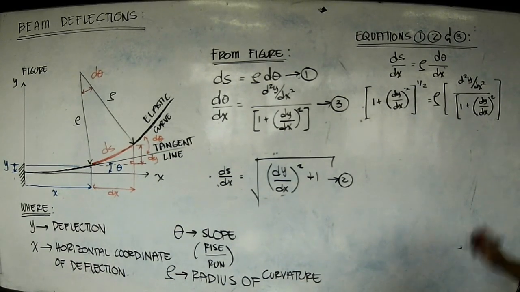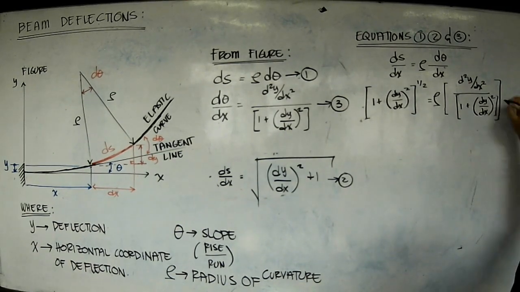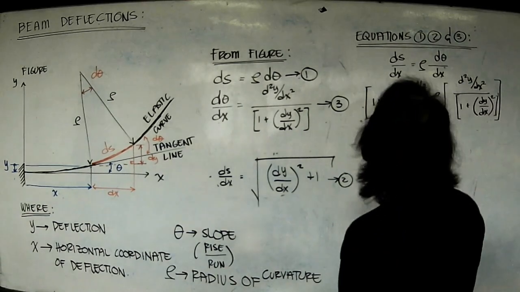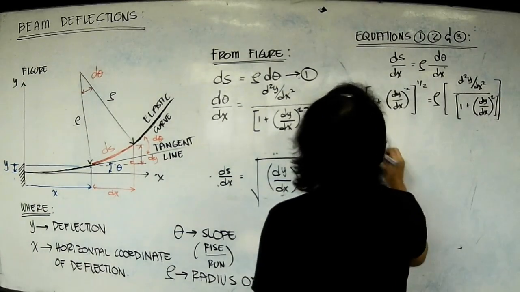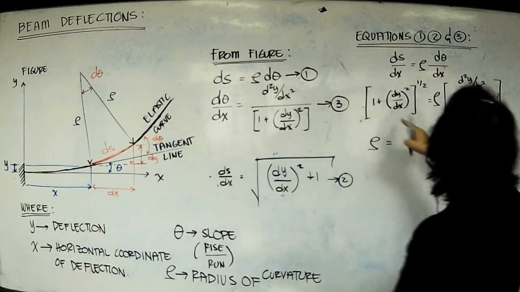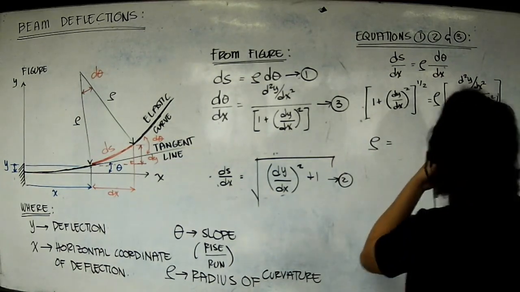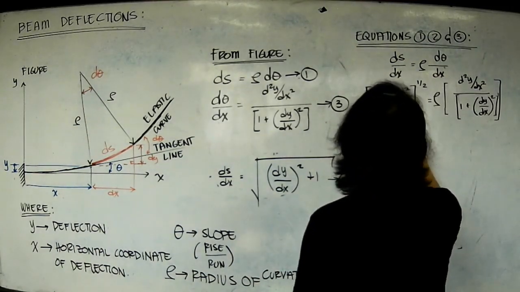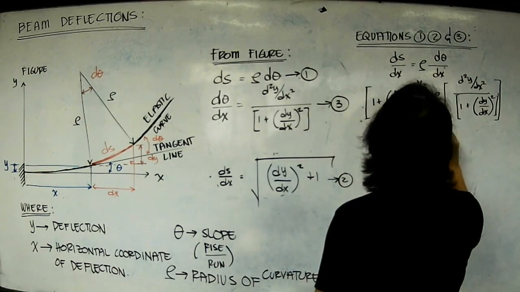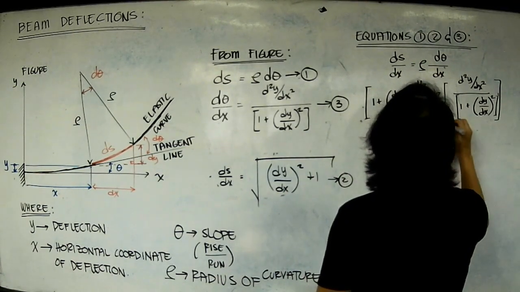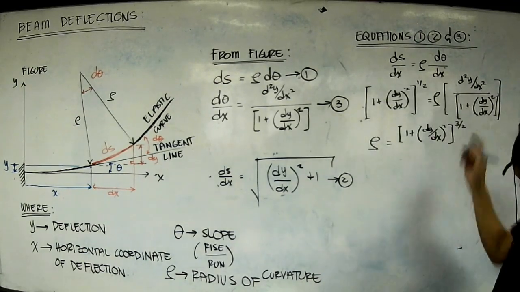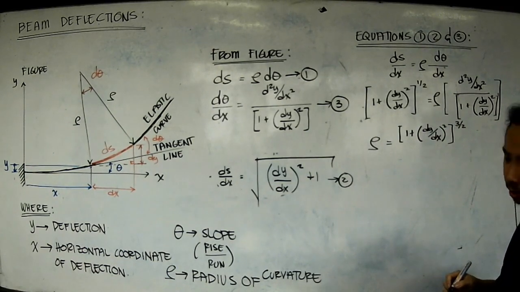Now, let's try to simplify. This is the power of 1 plus the term times 1 half. I will flip this and divide here, so this essentially becomes the whole expression to the power of 2, and 1 half plus 1 is 3 halves.